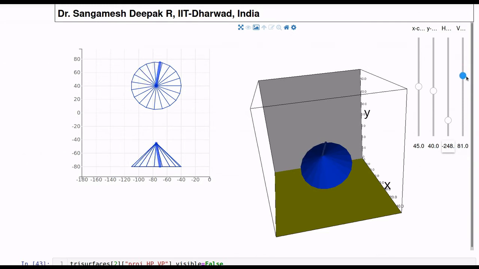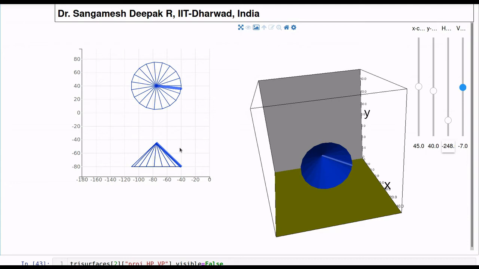And the line itself is tracing a cone. So the cone is the locus of the line as it is rotated about an axis perpendicular to VP. The circle and the flat line that you are seeing are the projections of the circular face of this cone.